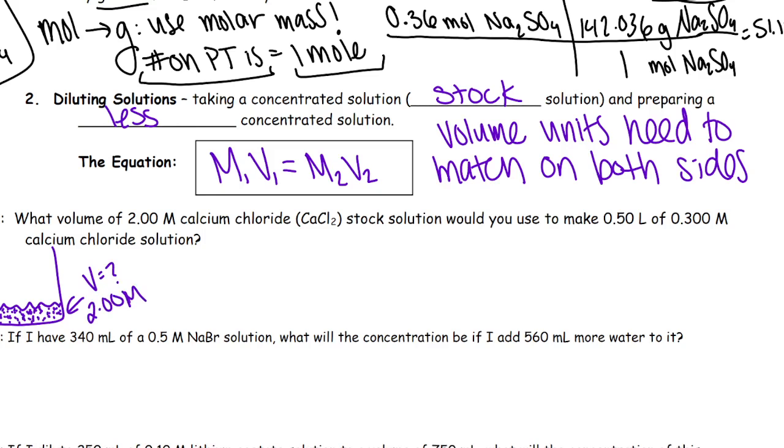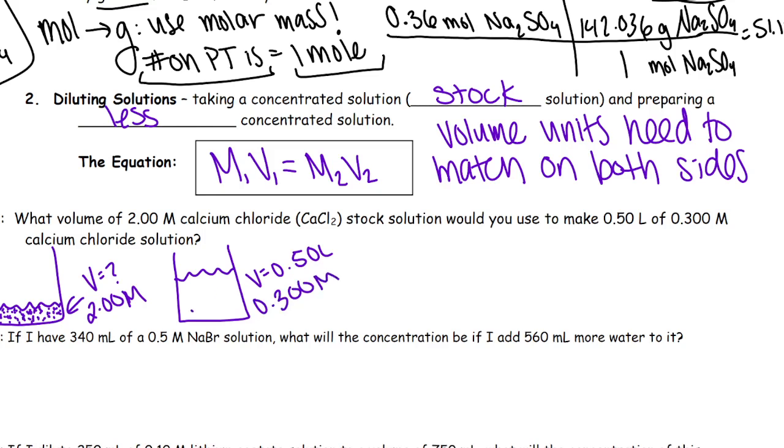We're going to use that and add to it until we hit 0.50 liters. So my volume equals 0.50 liters, and my molarity is 0.300 molar.